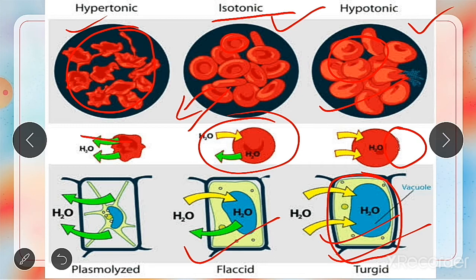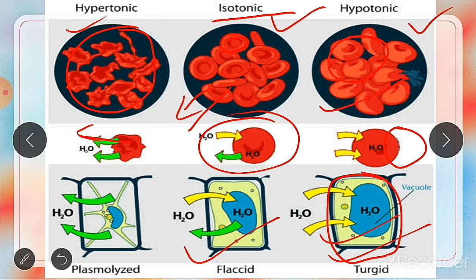Such a solution is known as a hypertonic solution. In a hypertonic solution the cells lose water, their shape changes and they shrink. In this case water crosses the membrane in both directions, but this time more water leaves the cell, so the cell will shrink.